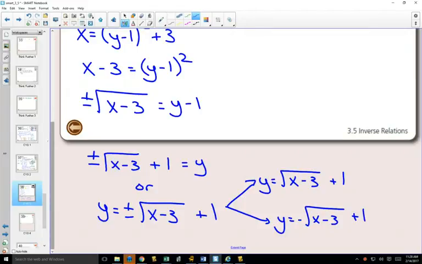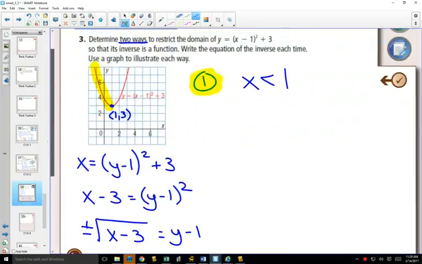So now we have to figure out, when we did the yellow part of our graph, when we did that half, will that be the positive half or the negative half? So let's look. Well, what's going to happen to the point (1, 3)? It's going to go to the point (3, 1). Take another point on the yellow part. Can you see that you have the point (0, 4) on that yellow section?